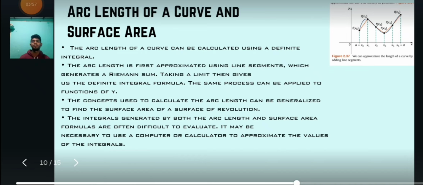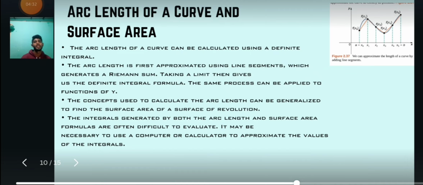The change in vertical distance varies from interval to interval, though we use Δyi = f(xi) − f(xi−1) to represent the change in vertical distance over an interval [xi−1, xi], as shown in the figure. Means if you see this figure, you can know that we have represented the change in vertical distance in the method that f(xi) − f(xi−1).